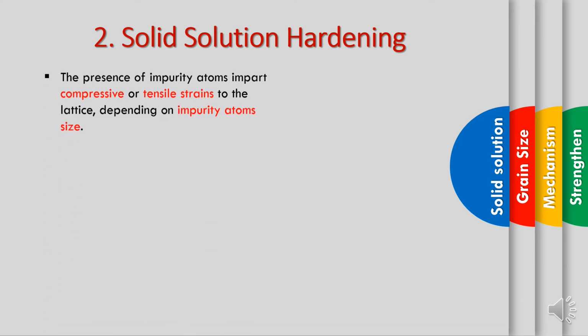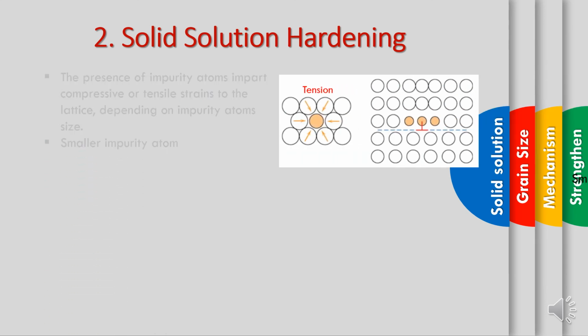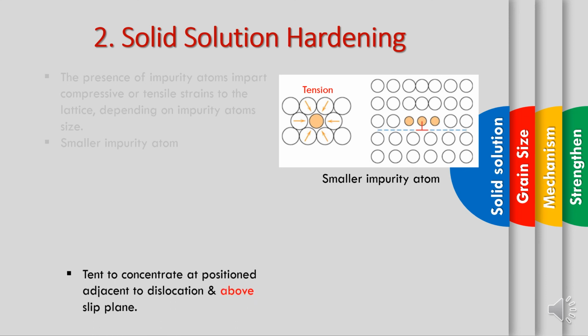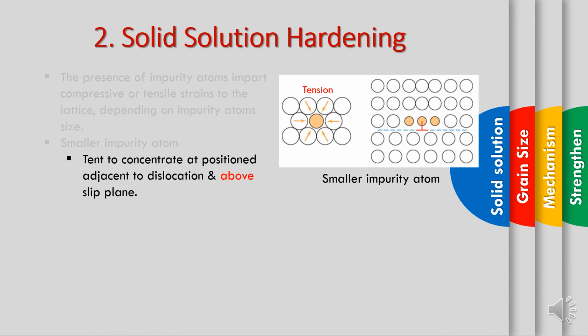The presence of impurity atoms imparts compressive or tensile strain to the lattice depending on impurity atom size. If it is a smaller impurity atom, it will tend to concentrate at positions adjacent to the dislocation and above the slip plane, here above.